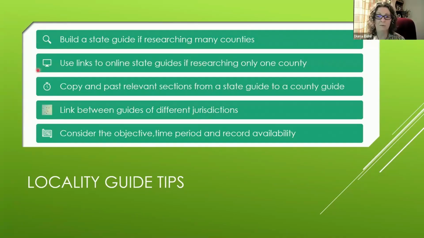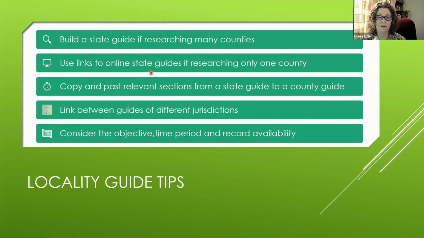If you only have one county in the state, say you discover one little county and you're not going to research as far as you know in that state anymore, then there are other opportunities to learn about state records. You could use links to online state guides like the FamilySearch Wiki or the Family History Guide, or even the National Genealogical Society state guides.